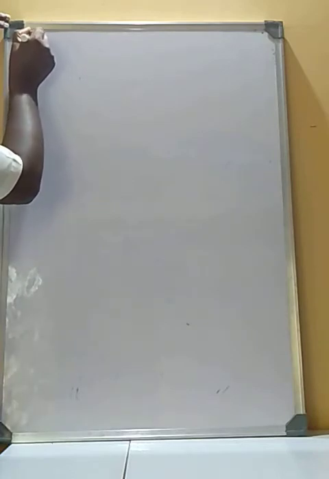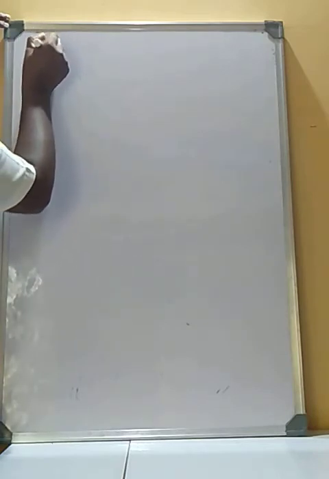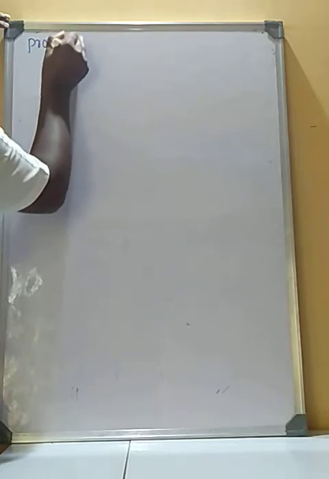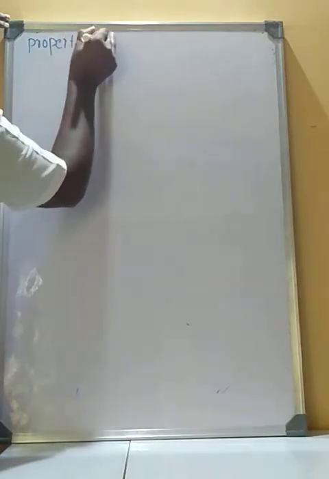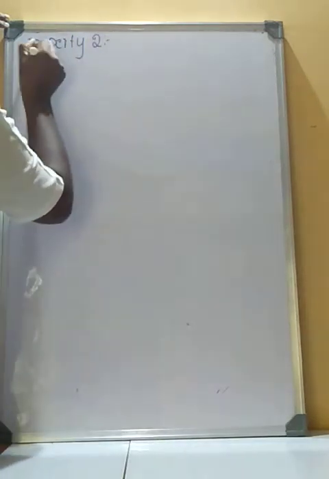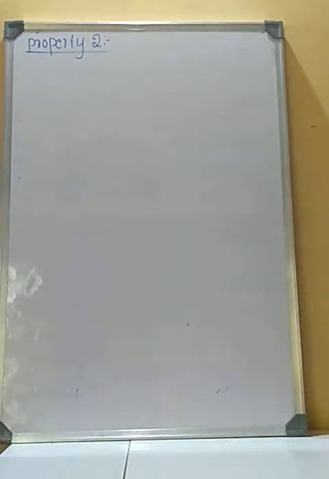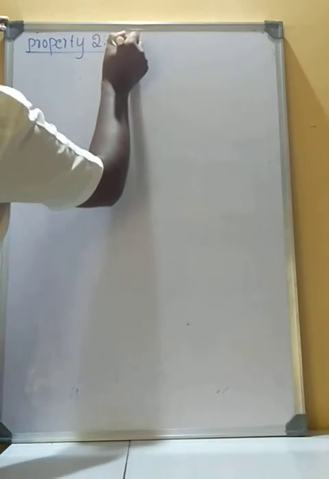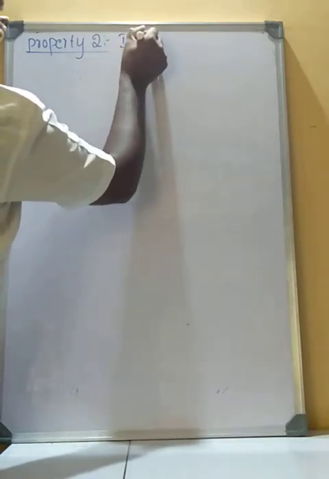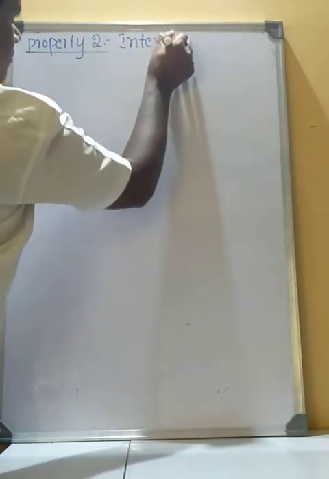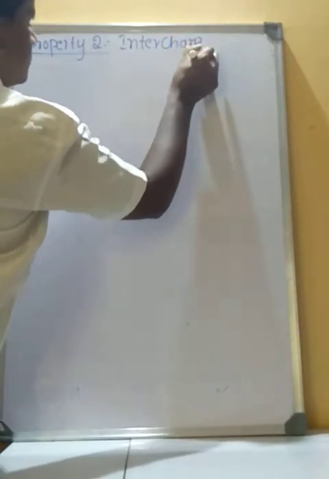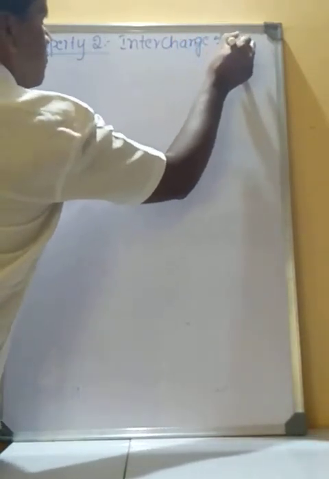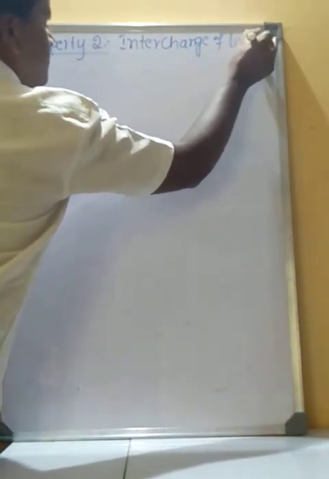Then next, property 2, change of limits or interchange of limits.